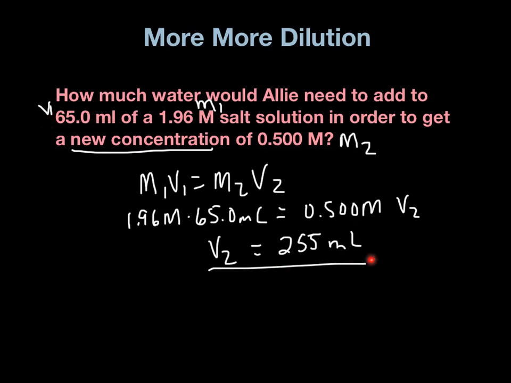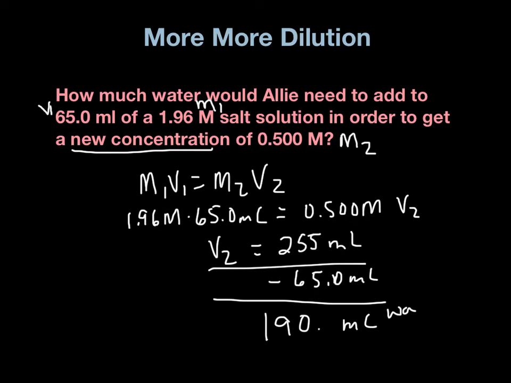So that 65 milliliters is in this already. So in order to get to how much water I had to add, I need to subtract that 65 milliliters from it. So minus 65.0 milliliters. And when I do that, I get 190 milliliters of water added.